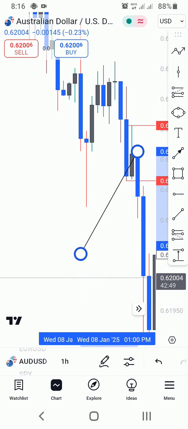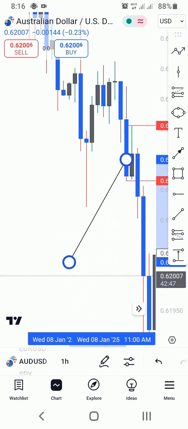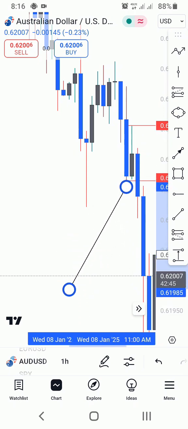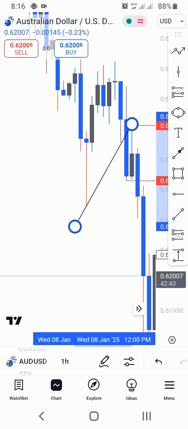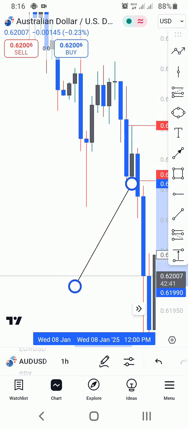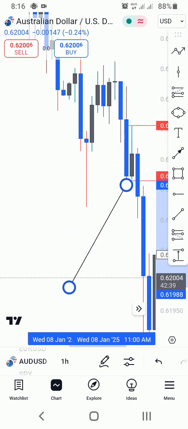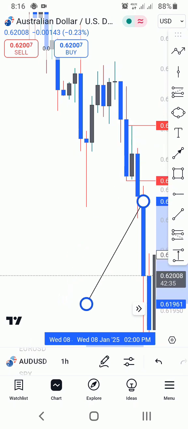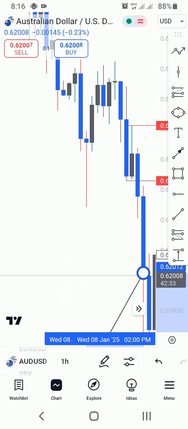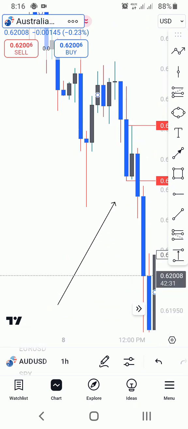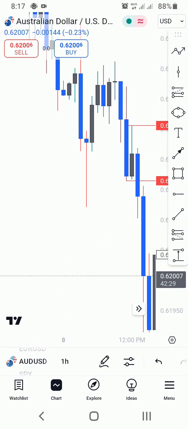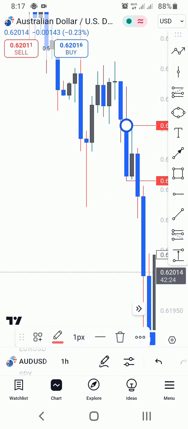This blue candle at first made the low, brought this high, tried to bring a low lower than this one, but failed. It closed inside, made this high, then this high brought this downside. Meaning in H1, in 1 hour, that is our high.